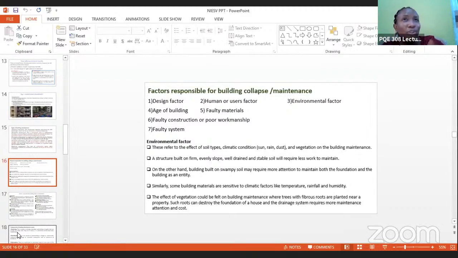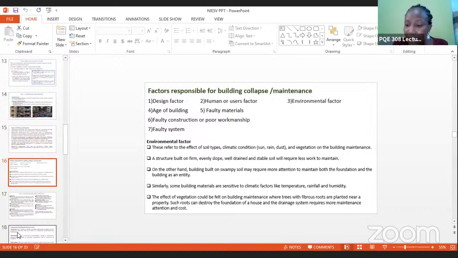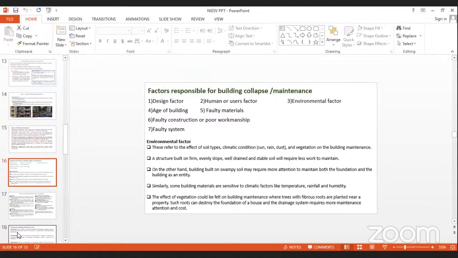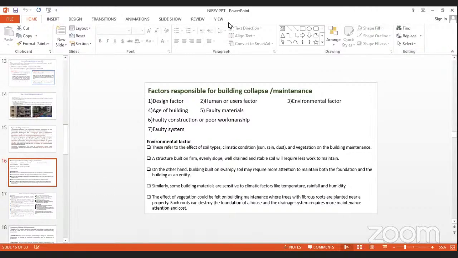How many people do you think will be staying in this particular place? So we have different types of loading, which they should adequately assess at the design level. We have the dead load, the life load, the wind load.